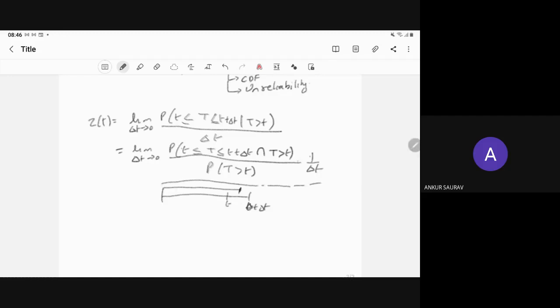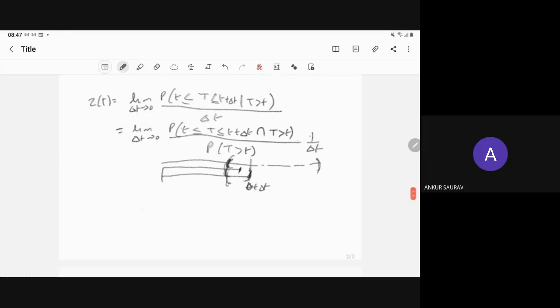What is the intersection of these two things? T between t and t plus delta t, and T greater than t. So the intersection will be this only.